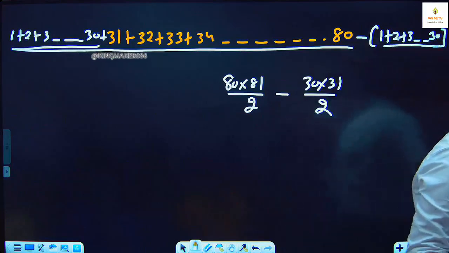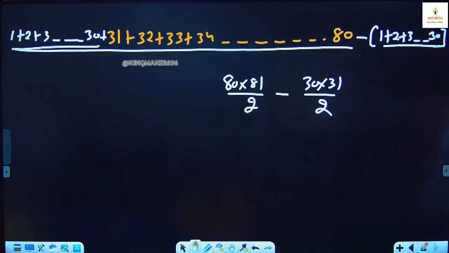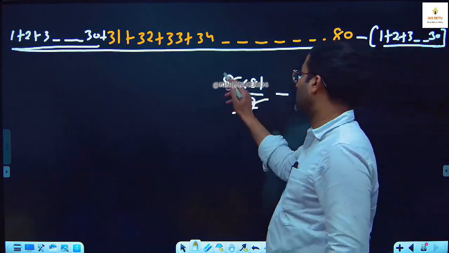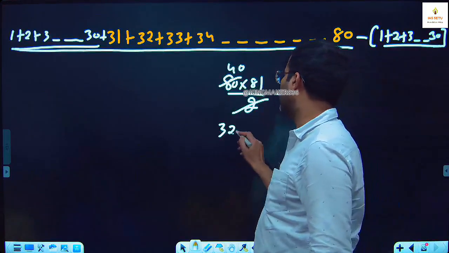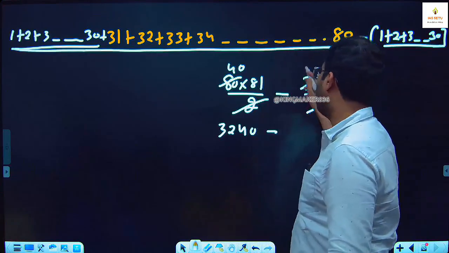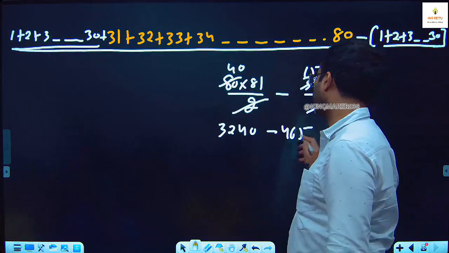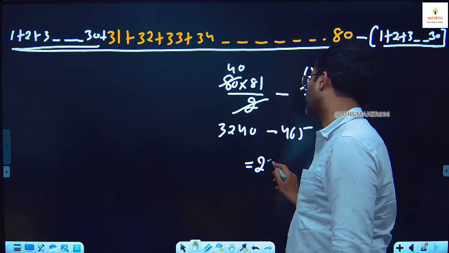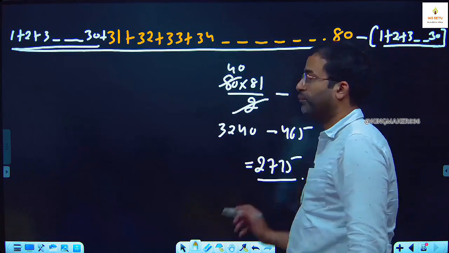Okay. So this is like 3240 minus 465. If you solve this, it will come 2775.